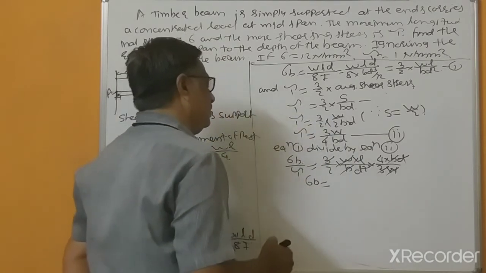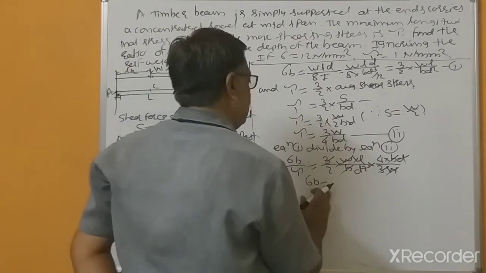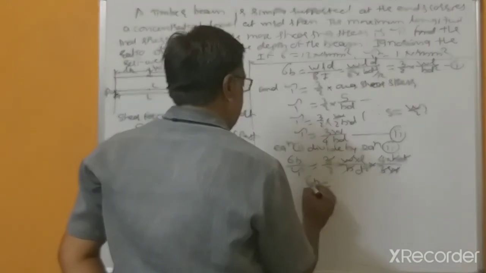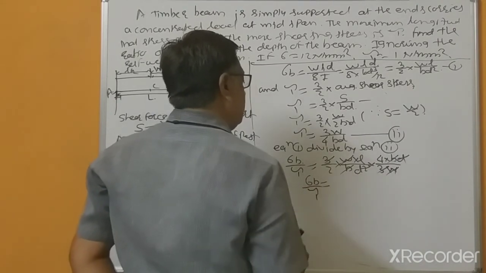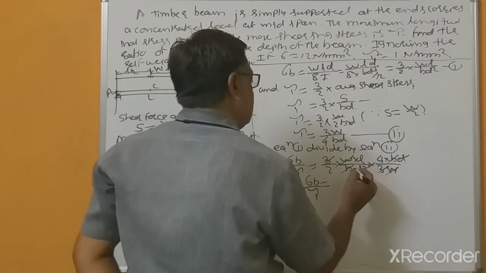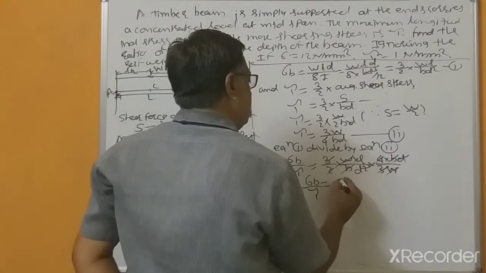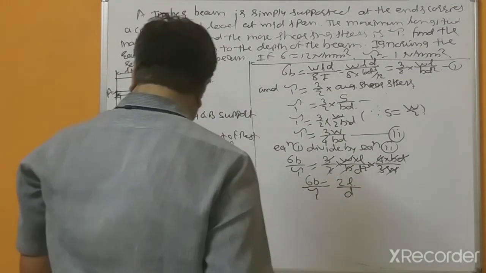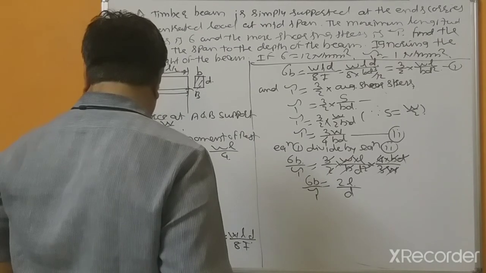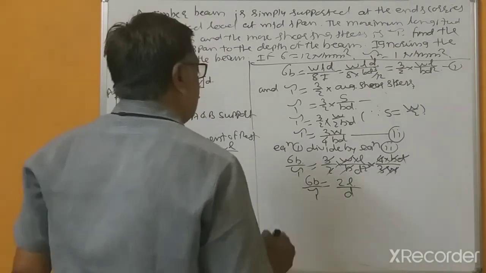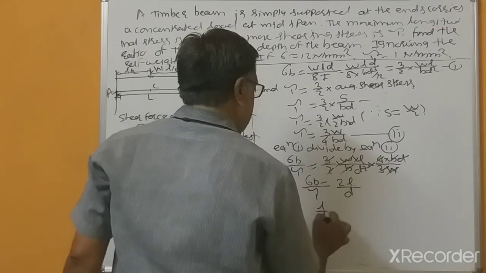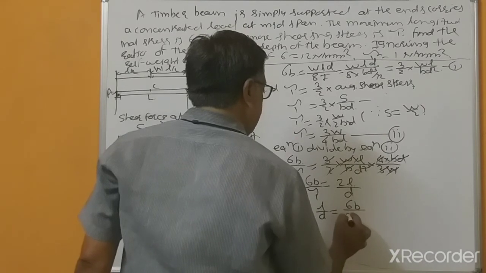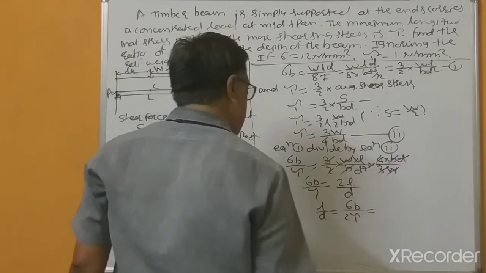Sigma B divided by tau equal to 2L divided by D. Or L by D equal to sigma B divided by 2 tau.